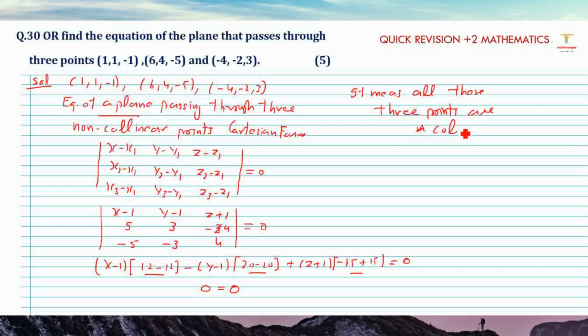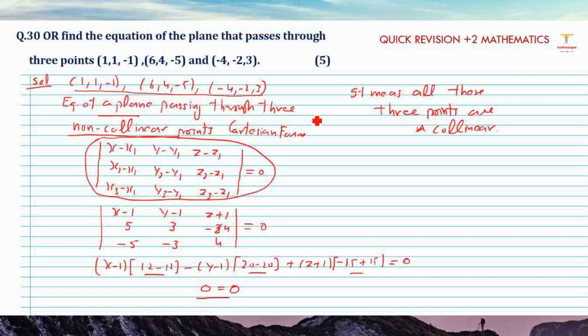That is why you get this problem, because this is the Cartesian equation for non-collinear points. You get this problem here because these 3 points are collinear. What does it mean?